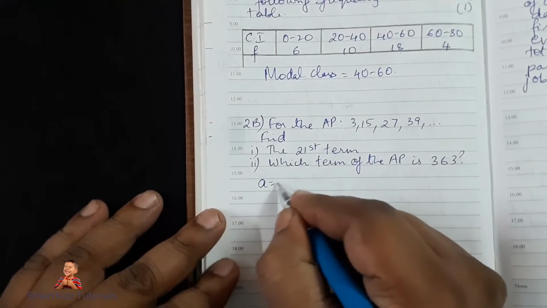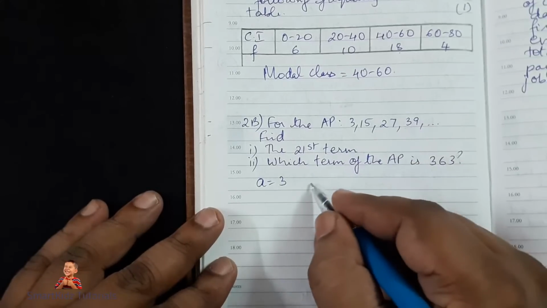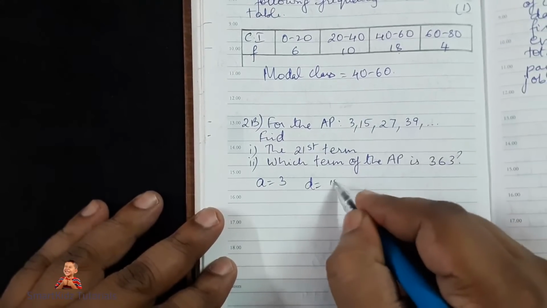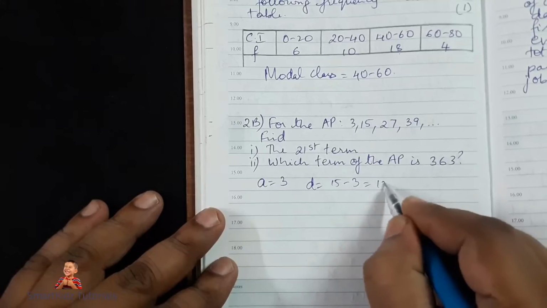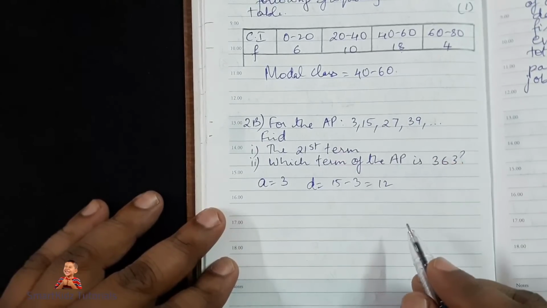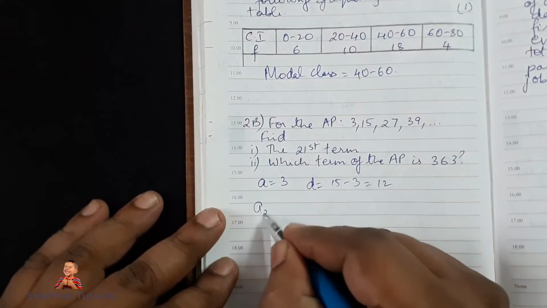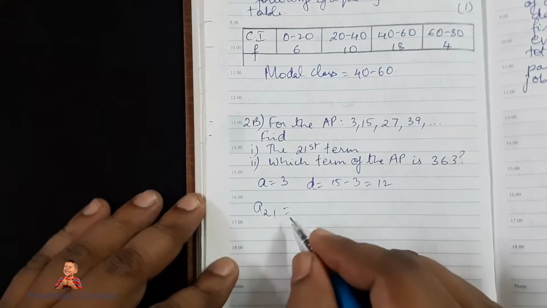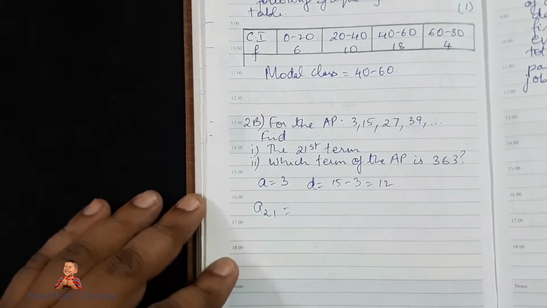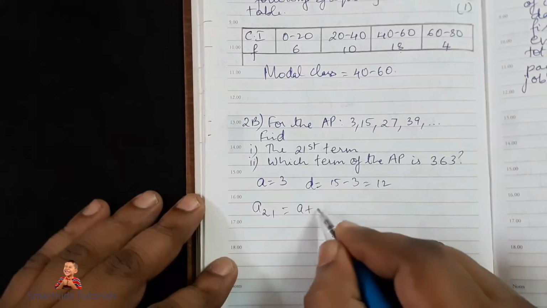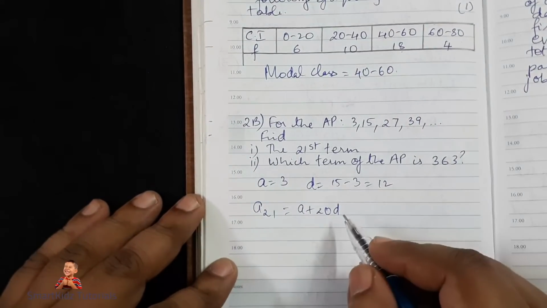So clearly we can see a is equal to 3, the first term. The difference, we can take 15 minus 3, which will be equal to 12. So a2 minus a1. Now we need the 21st term. So a21, which will be equal to a plus 20d.